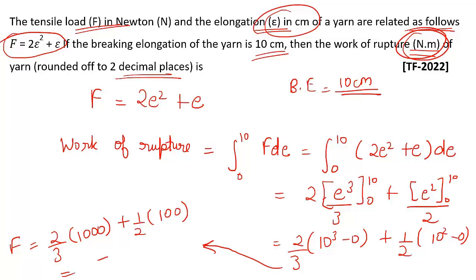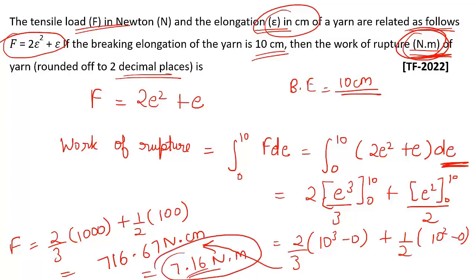On solving this, it comes out to be 716.67 Newton centimeter. Since dE is given in centimeter and the answer is asked in Newton meter, we divide by 100, and it comes out to be 7.16 Newton meter.